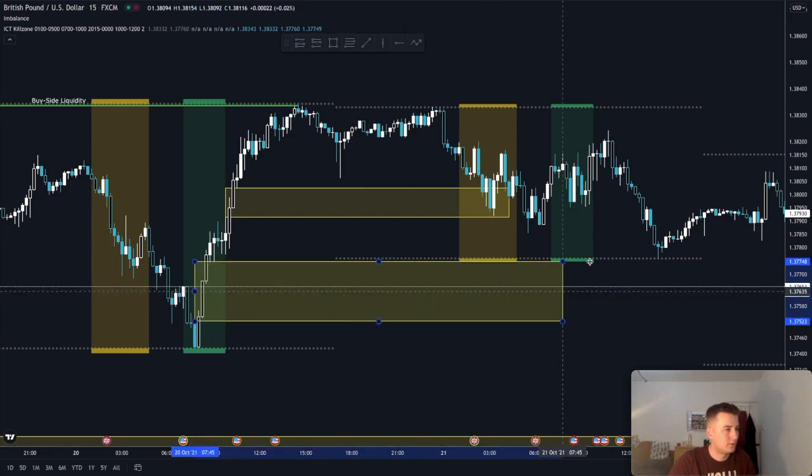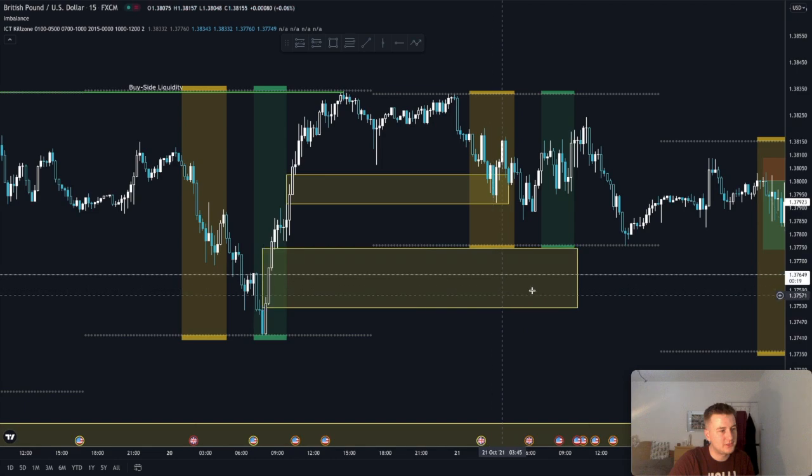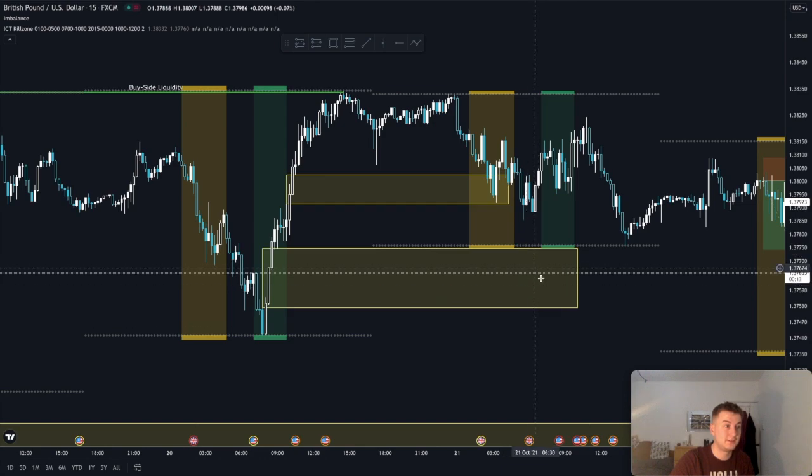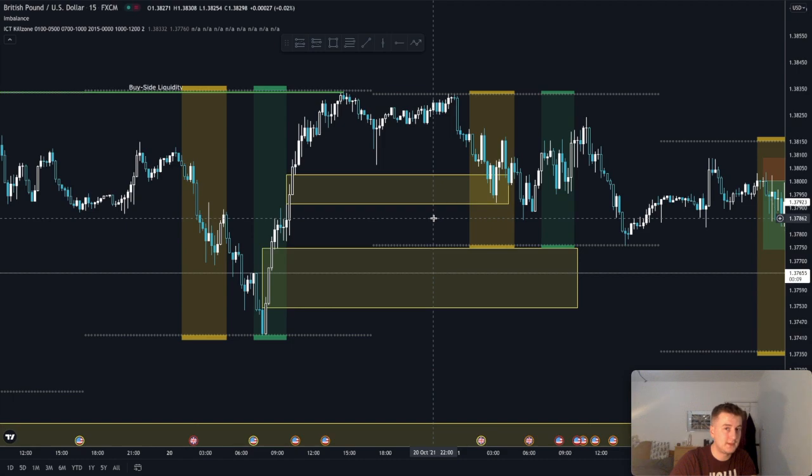But because I had these two imbalance areas, if I didn't know price was going to reject this one, it could have just as easily pushed down and then rejected this one. So I didn't want to run that risk, so I didn't place any orders this day. I hope that makes sense. You don't have to be in every day.